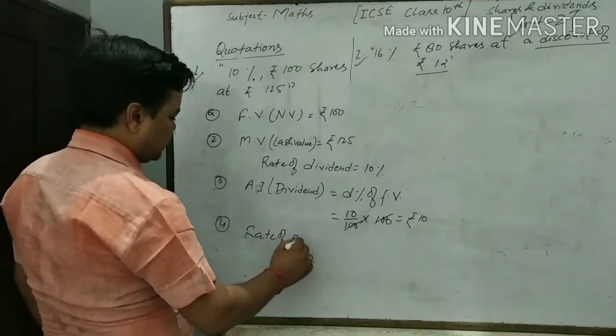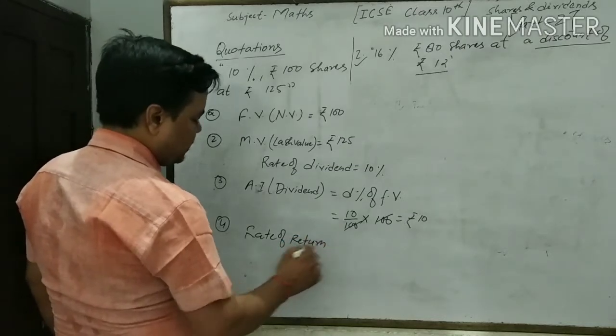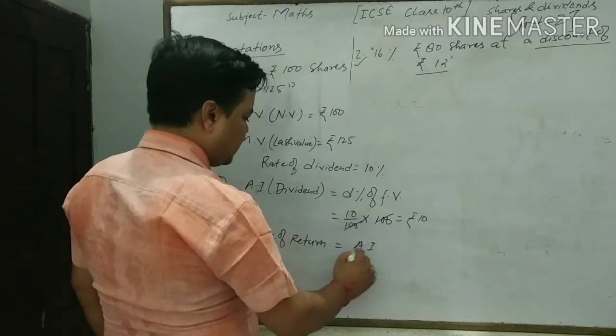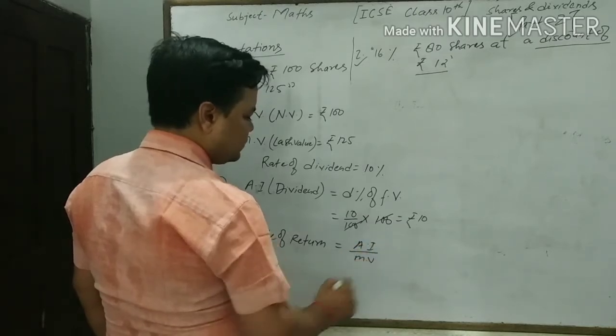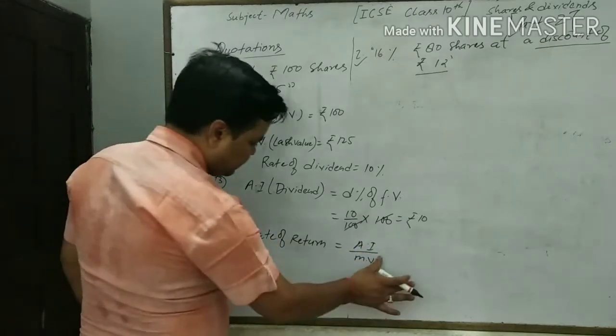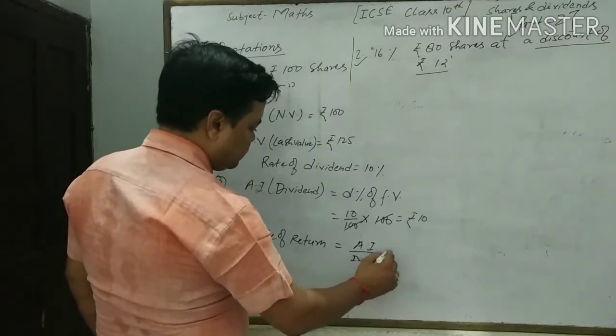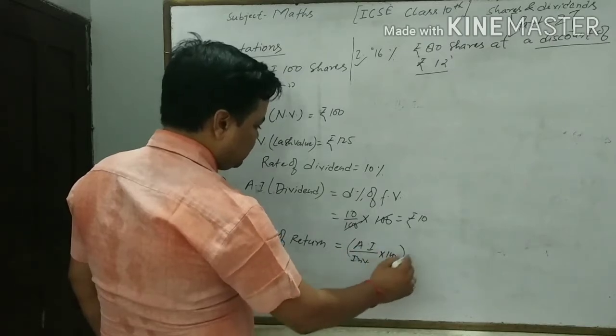On the basis of this, we can also calculate the rate of return. Rate of return is annual income upon market value or investment, into 100, and it is always in percent.